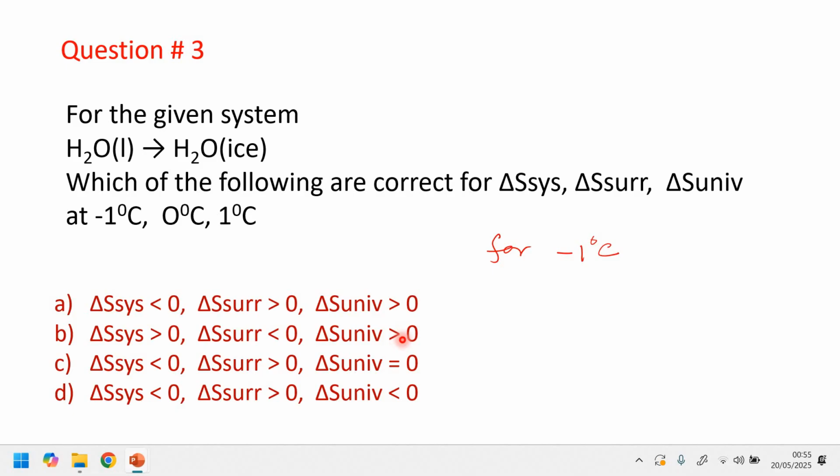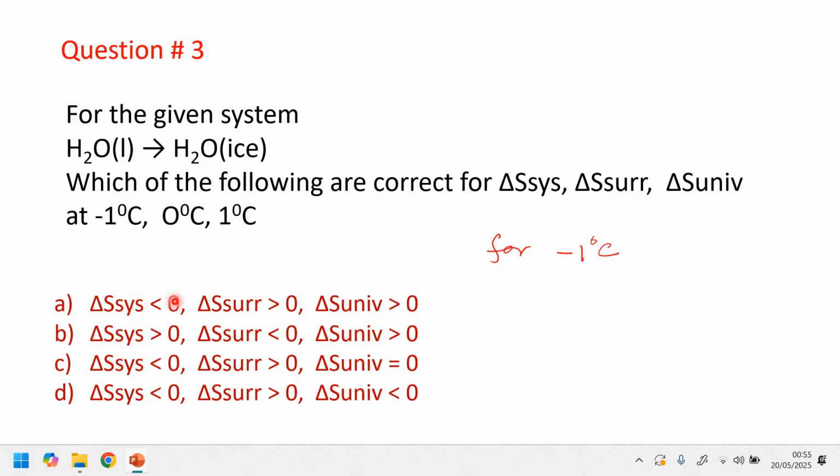Okay. Now, liquid to solid, that means here entropy change will be negative. Liquid to solid, it is releasing heat. So entropy change will be negative for the system. So here you see delta S system is negative and total will be greater than 0. That means delta S surrounding will be much greater than 0. So that delta S universe will be greater than 0.